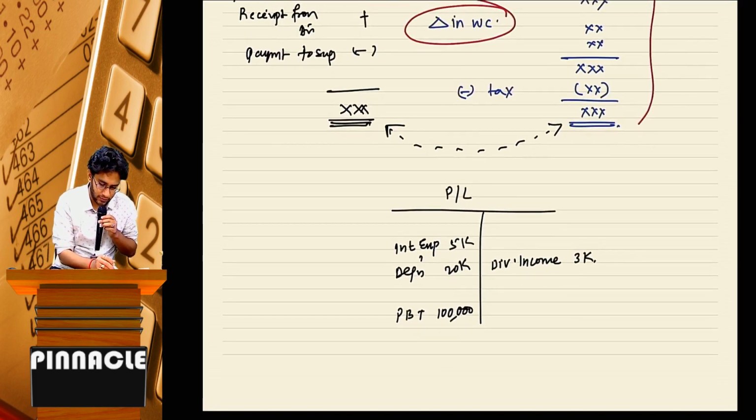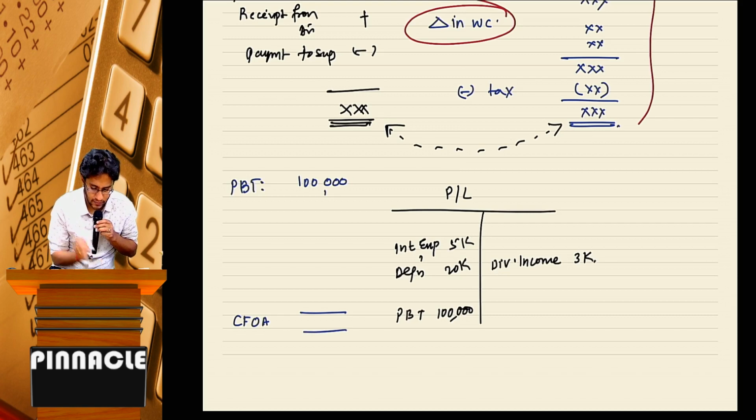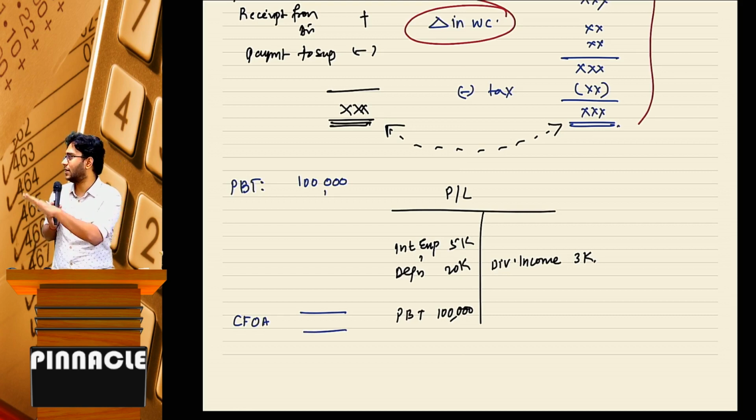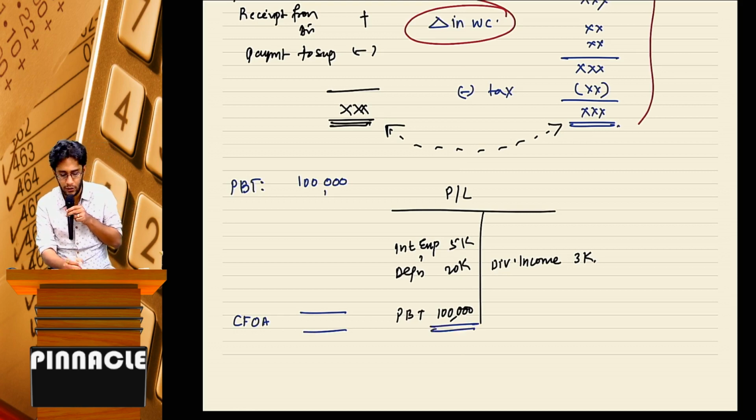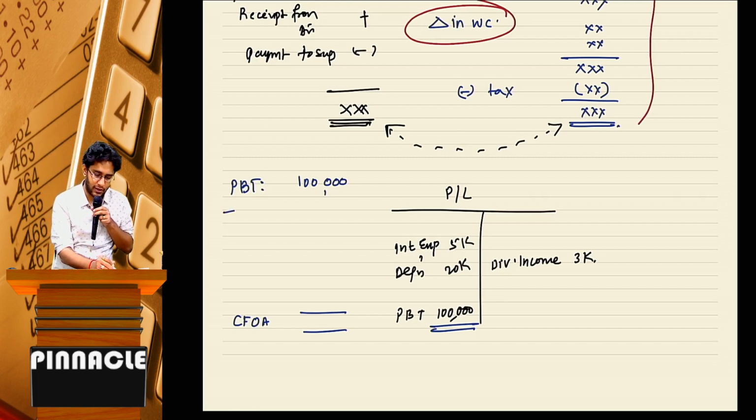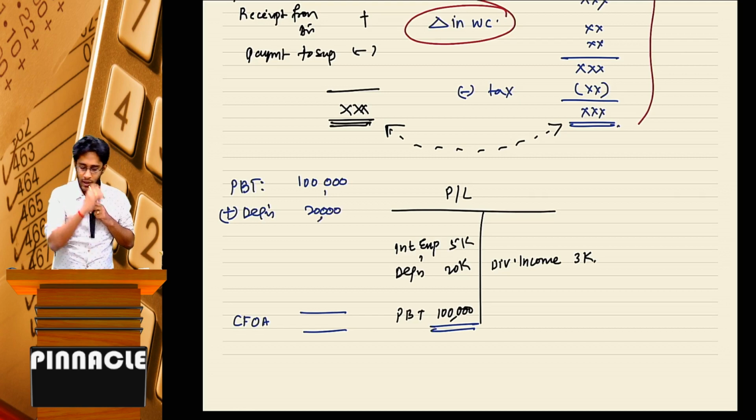Suppose I took PBT as my starting point, 1 lakh, and I want cash flow from operating activities. Assume there are no other adjustments. In arriving at 1 lakh, did you already deduct depreciation? Yes. But is there any cash outflow to the extent of depreciation? No. Since there is no cash outflow, it was wrongly deducted, so you add back 20,000.